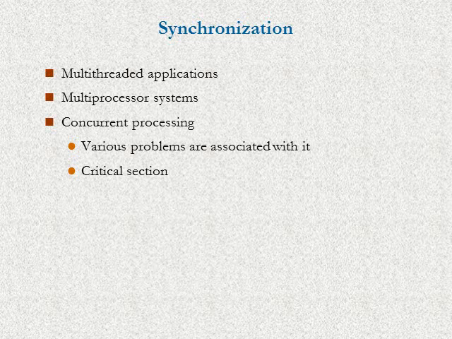Then to complicate the scenario, now we have multi-processor systems where along with having multiple threads, we have multiple processors. So now you can see that the whole scenario becomes a lot more complicated. But having both multi-threaded applications as well as multi-processor systems, it is possible that we may have concurrent processing of one process.